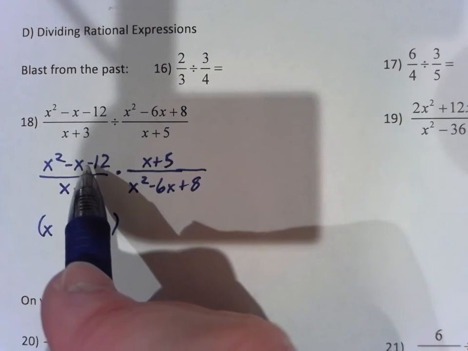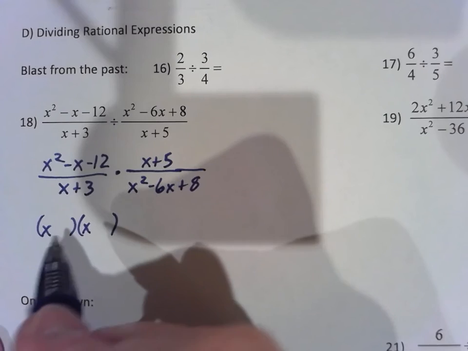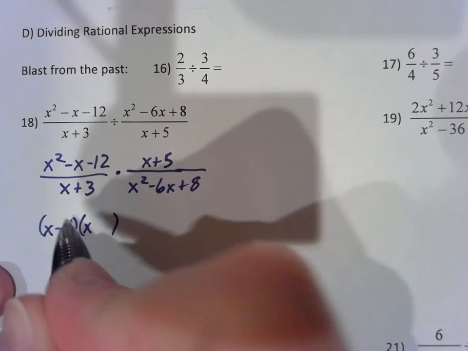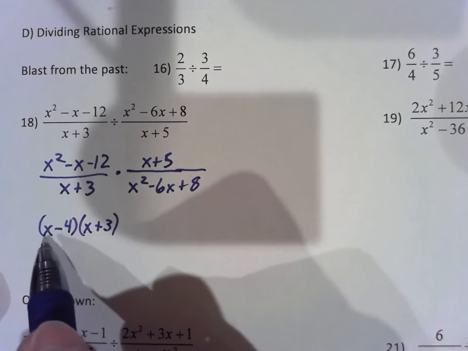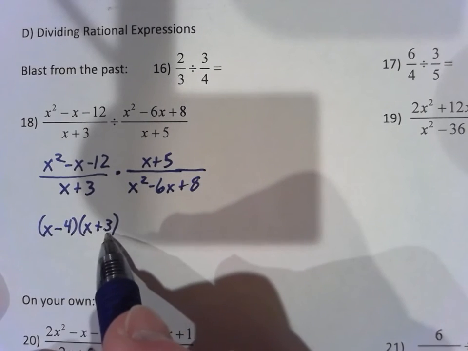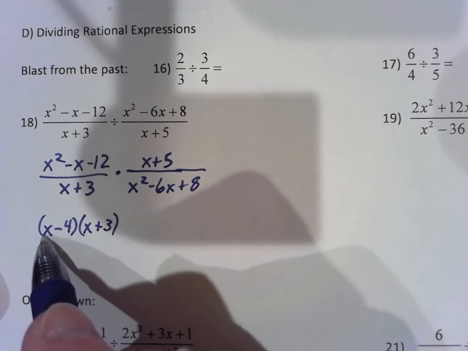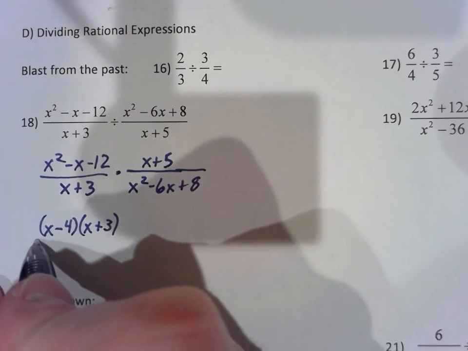Because it's subtraction, it means I need a difference of negative 1. So 3 and 4 have a difference, so I need the bigger number to be negative, the smaller number to be positive. Negative 4 times 3 is negative 12. X times 3 is 3x. Negative 4 times x is negative 4x. 3x minus 4x is negative 1x.